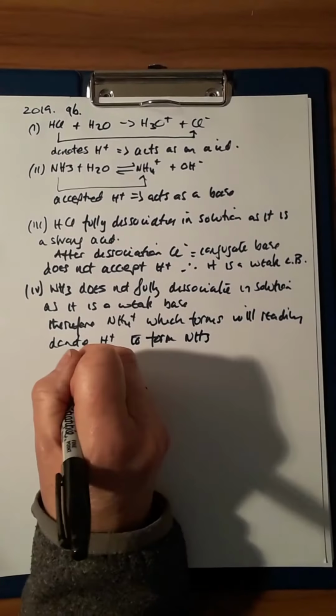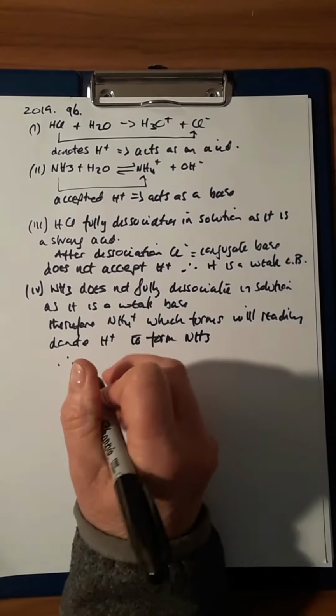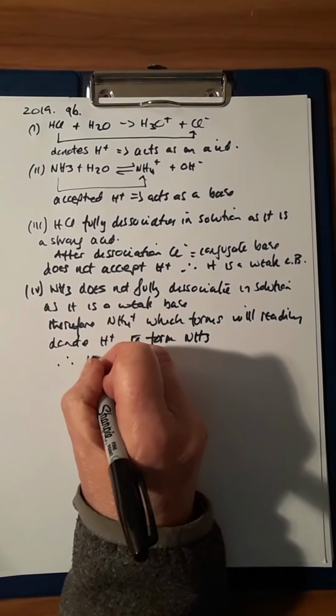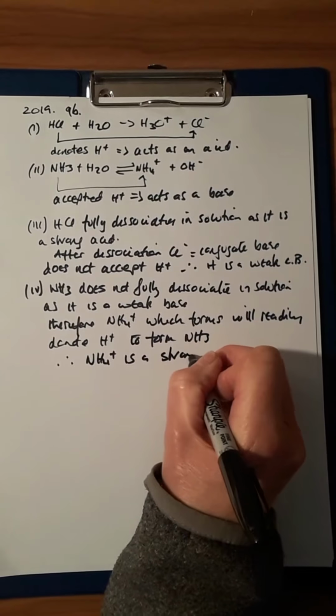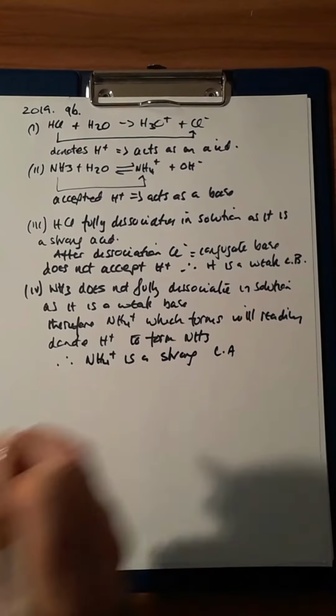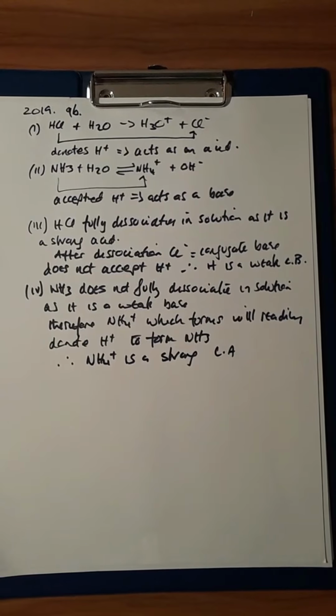Therefore, it's a weak base, therefore the NH4 plus is a strong conjugate acid. Okay, so they're my explanations.